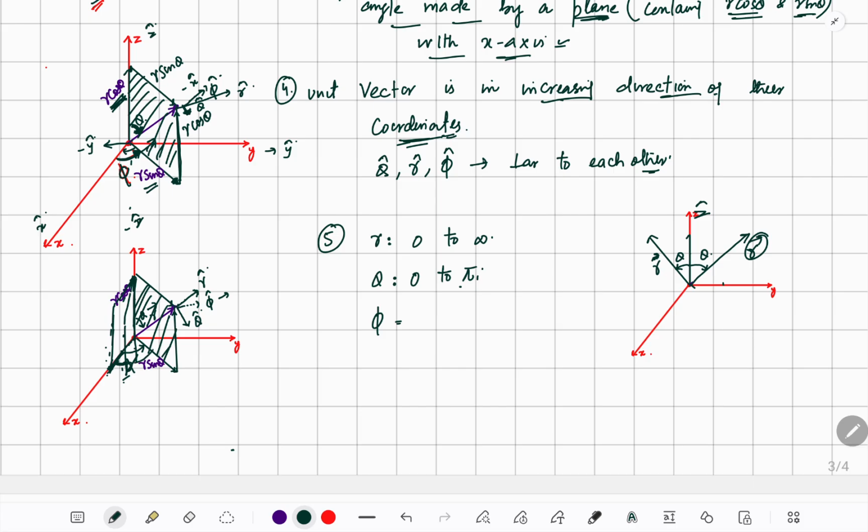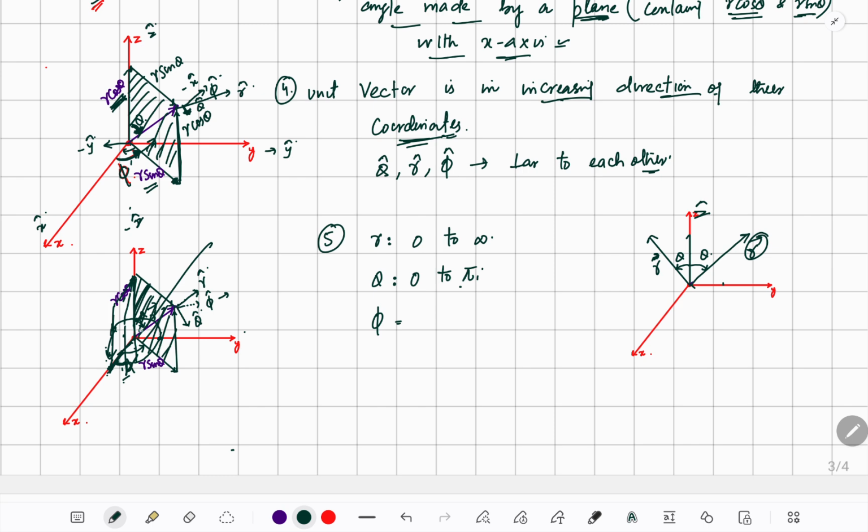Then it increases to pi by 2 here, goes back to pi, then 3 pi by 2 and 2 pi. So just imagine a copy of this plane, and you're rotating it from x to y, then y to minus x. There would be a minus x in the backwards direction. So it would cover a pi angle.